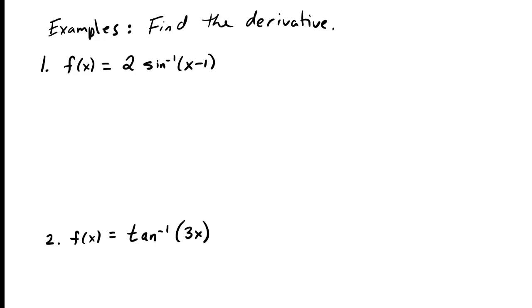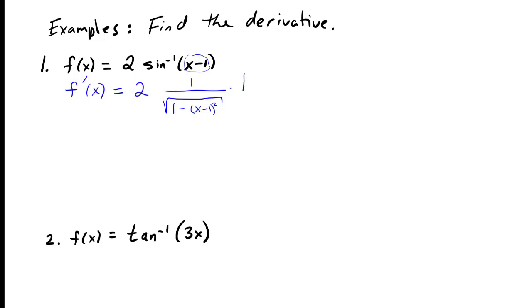So if we want to do the derivative of 2 inverse sine of x minus 1, well, then f prime is, so I have a multiplicative 2. Now the inverse sine of x minus 1, so this is a chain rule, so I'm just thinking, what is the derivative of inverse sine? That would be 1 over the square root of 1 minus whatever is inside squared, times the derivative of that something inside.